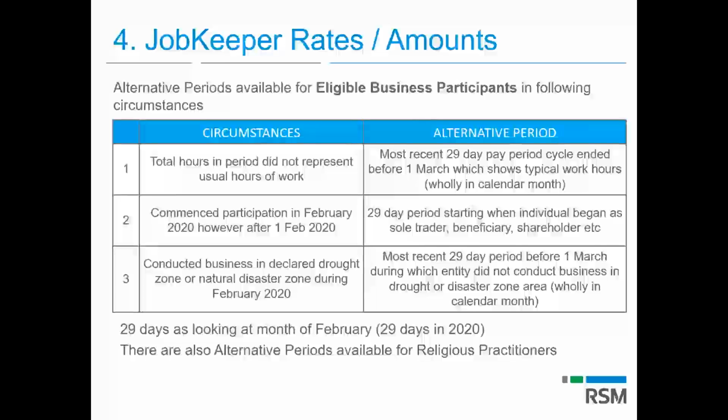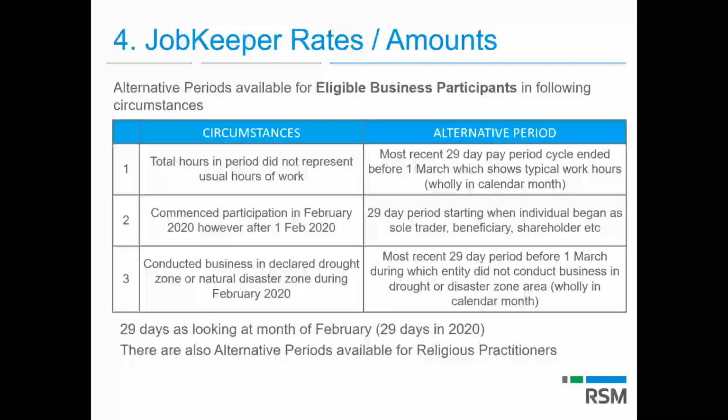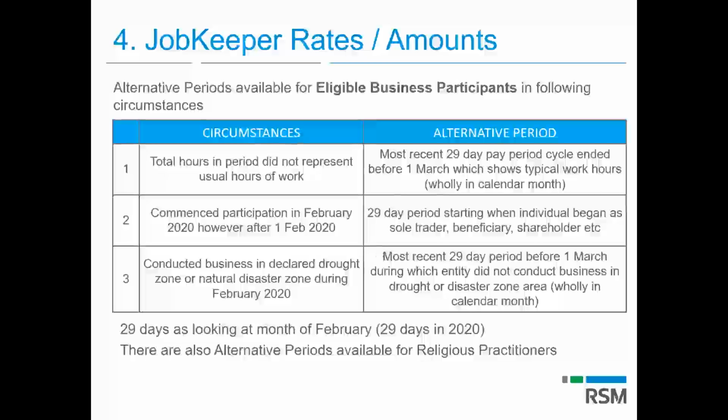The individual commenced participation after 1 February 2020, in which case the relevant period will be the 29-day period commencing when the sole trader commenced the business, or if the business was conducted in a declared drought or natural disaster zone during February 2020. In that case, the reference period is the most recent before 1 March where the business was not conducted in a drought or disaster zone.